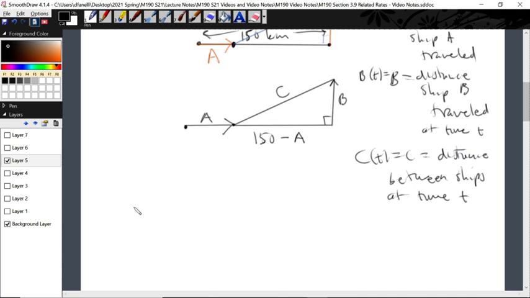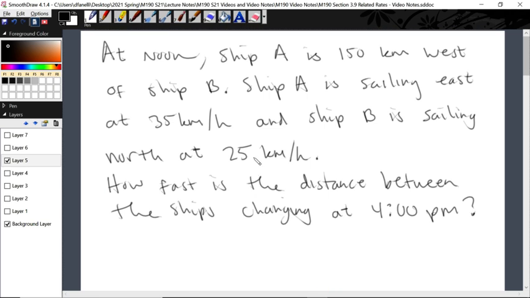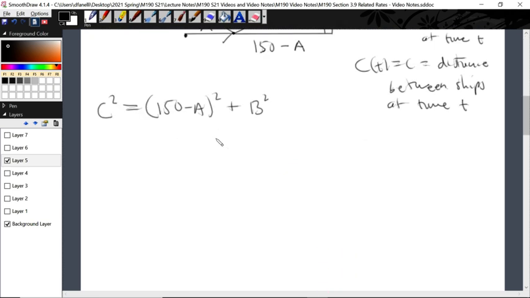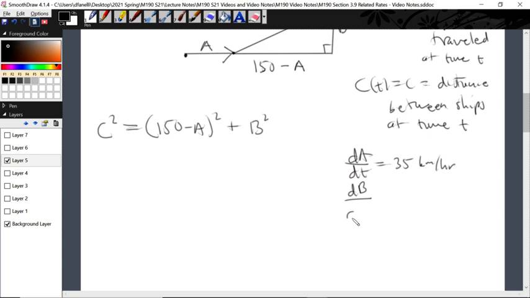By the Pythagorean theorem, we can relate C squared is equal to (150 minus A) squared plus B squared. Now, ship A is sailing east at 35 kilometers per hour, so dA/dt is equal to 35 kilometers per hour, and dB/dt is equal to 25 kilometers per hour.